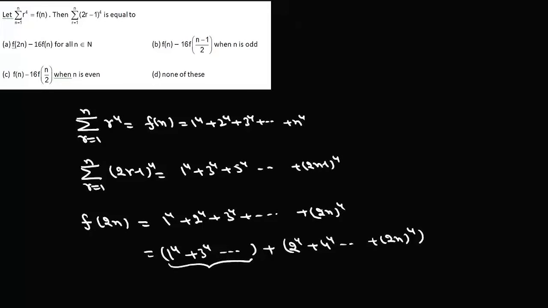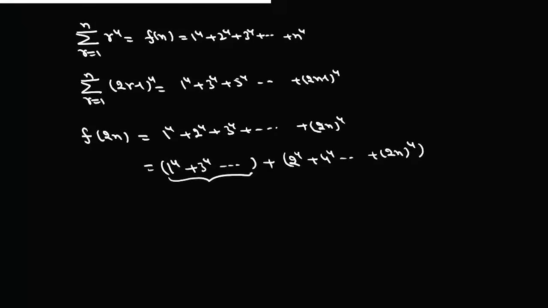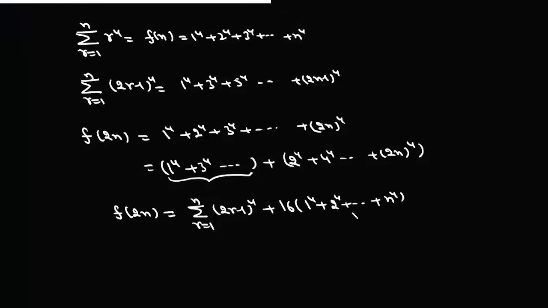So we can write f2n as equal to this summation r varies from 1 to n 2r minus 1 to the power 4, and here we'll take 2 to the power 4 common, so it will be 16, and then 1 to the power 4 plus 2 to the power 4 up to n to the power 4, which is nothing but fn.